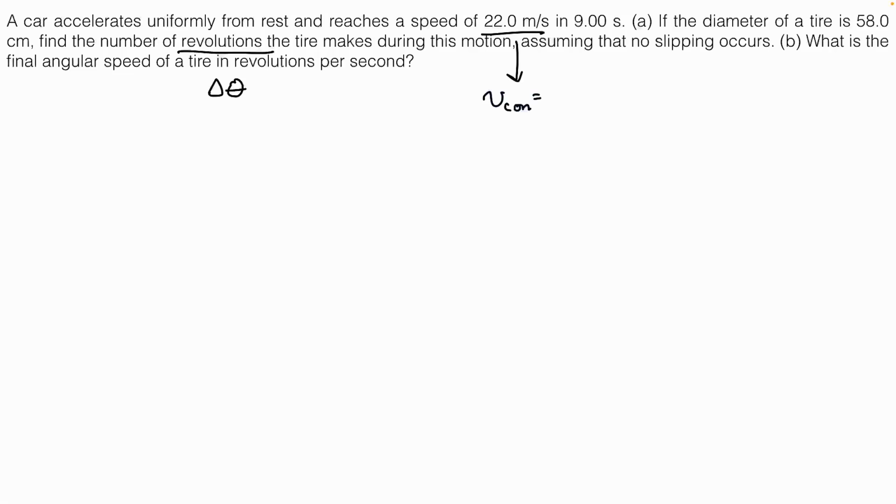Speed of the wheel, speed of the car, all has to be the same, and that's equal to r omega. So I can find omega by taking the velocity of the car and dividing it by the radius of the wheel. So let's do that. Okay, it's 22 divided by 58 centimeters.